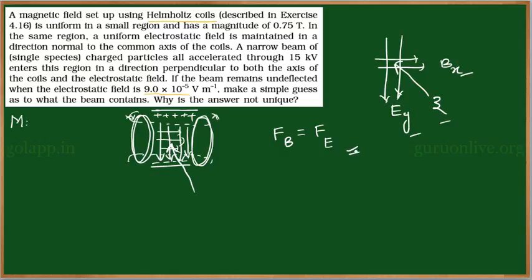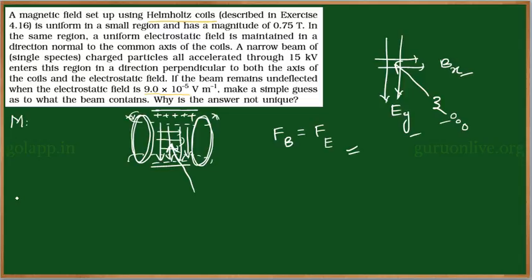So this is the given condition. We need to find out the particles which are moving in that field. That is our motive. Along with that, we need to show that the answer is not unique. That means some other particles can also move like that under these given conditions.